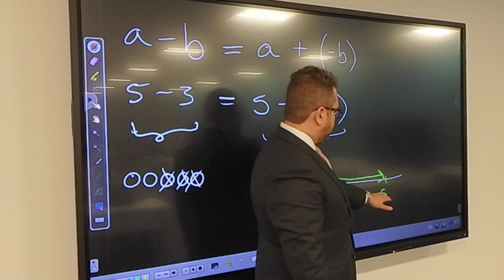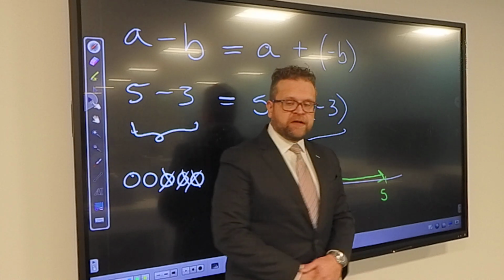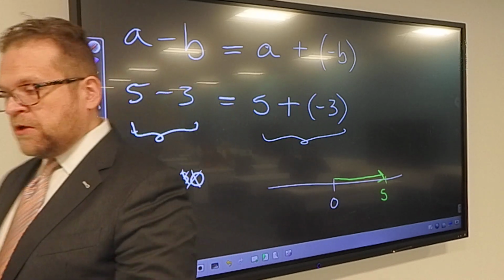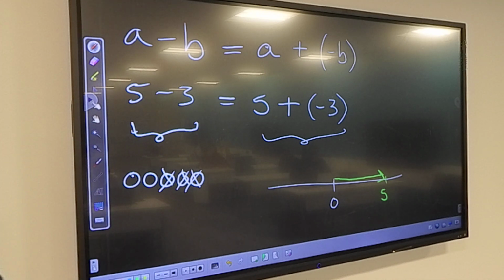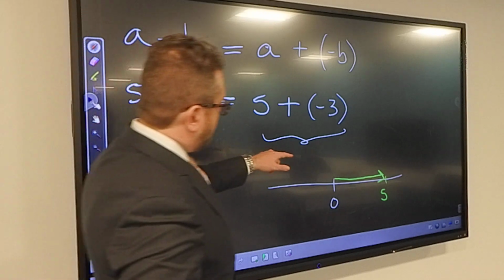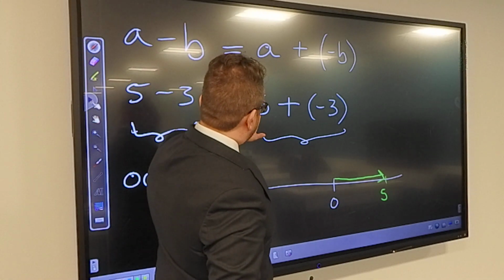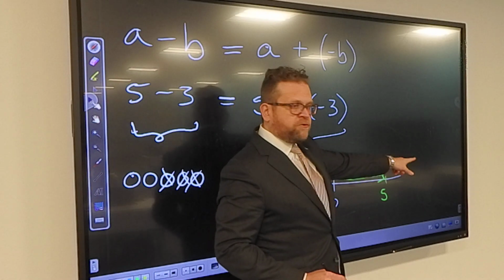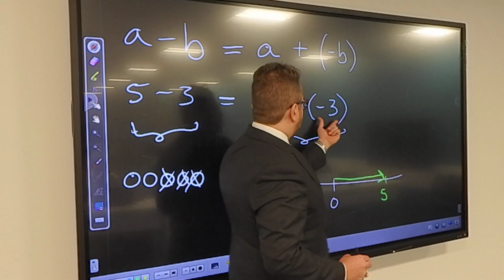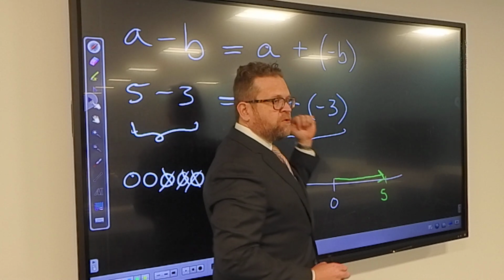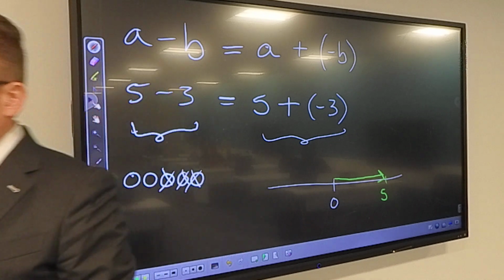And what is 5 really? It's really this green arrow. It's called a vector, and it points to the right because it's positive, towards the positive infinity. But the minus 3 is pointing towards the negative infinity.